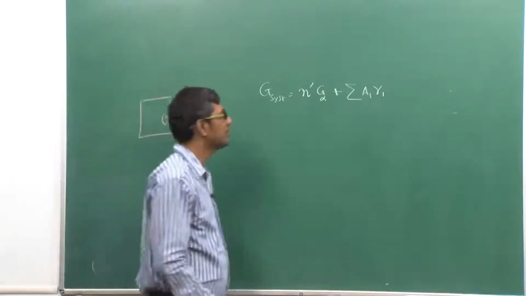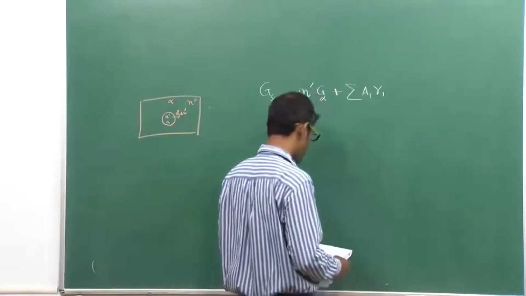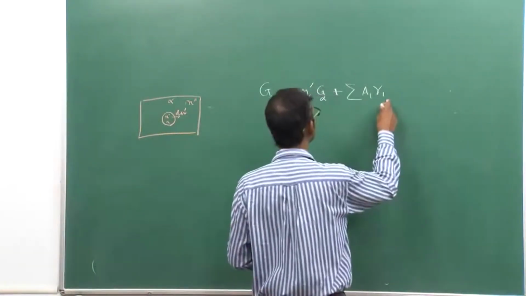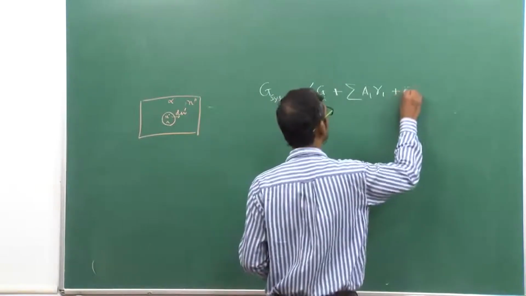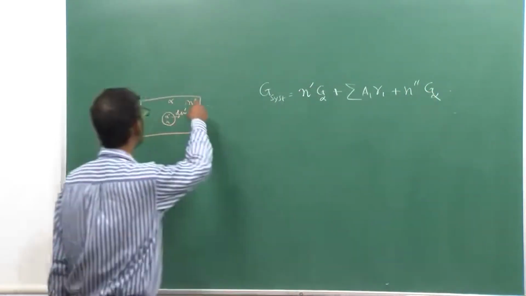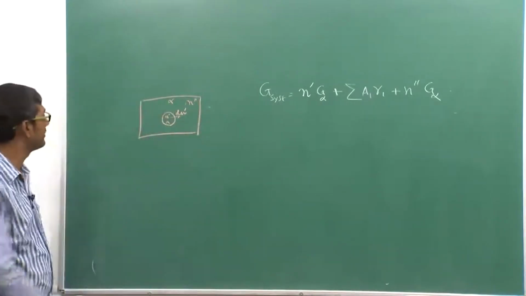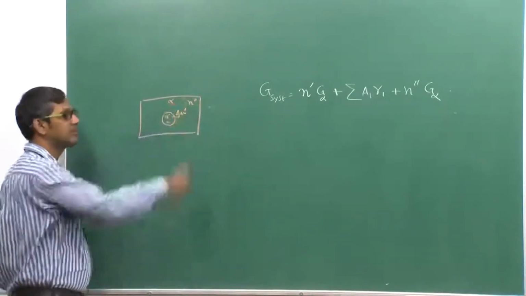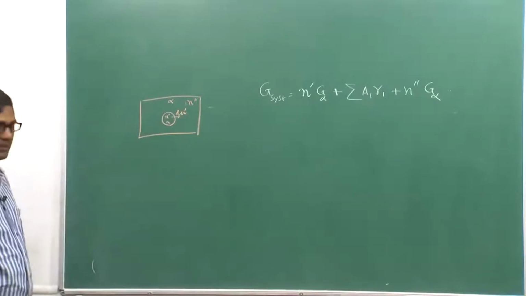That is how grain growth happens, and so this is the total surface energy contribution, plus n double prime multiplied by G alpha. N double prime is the moles of the rest of the alpha, the big grain, and G alpha is the free energy. This is the G of the system.